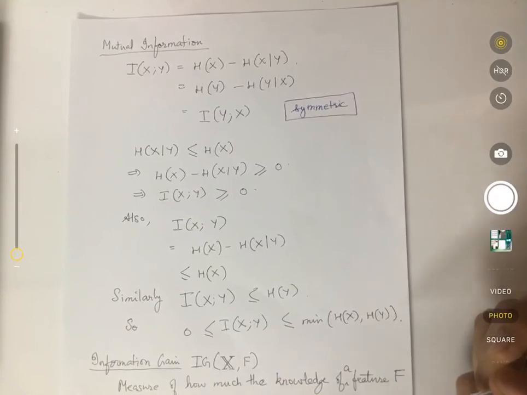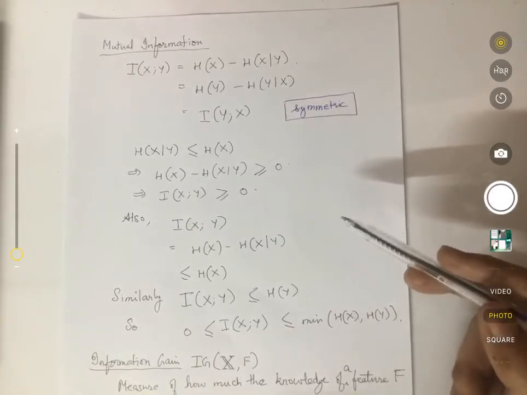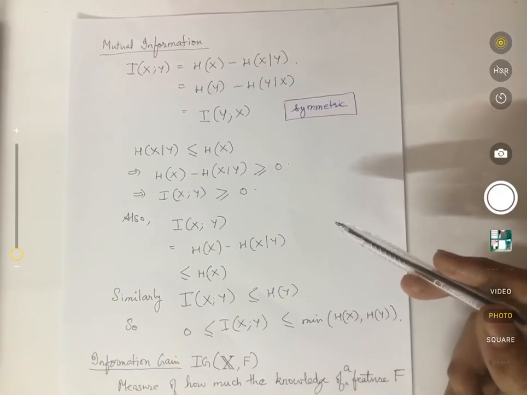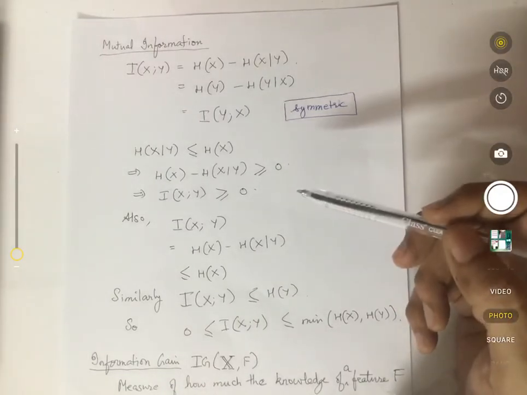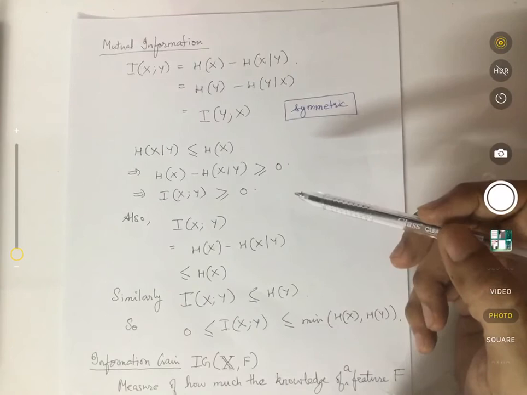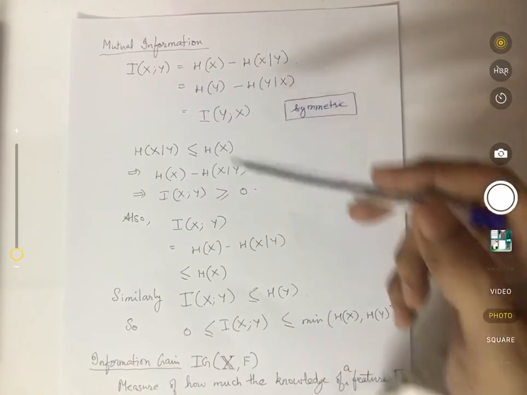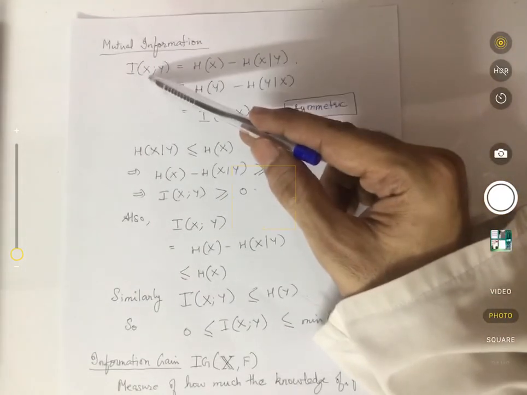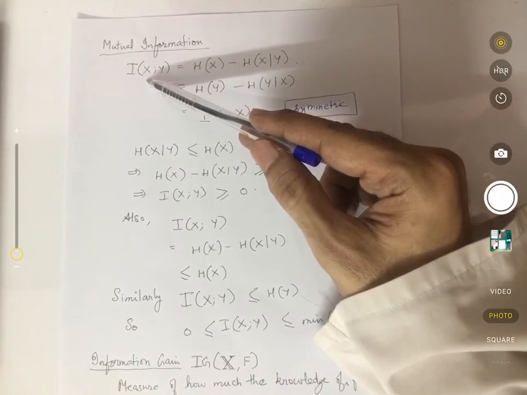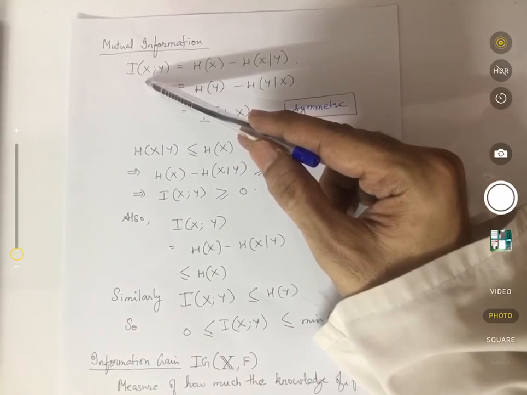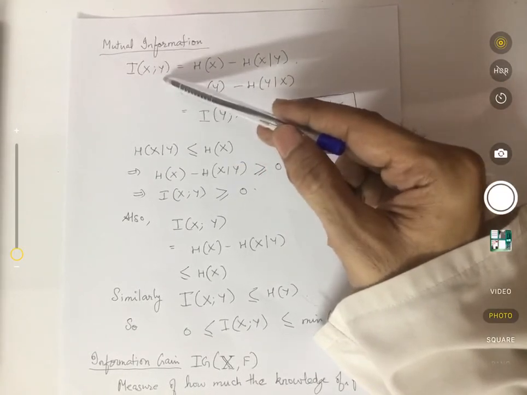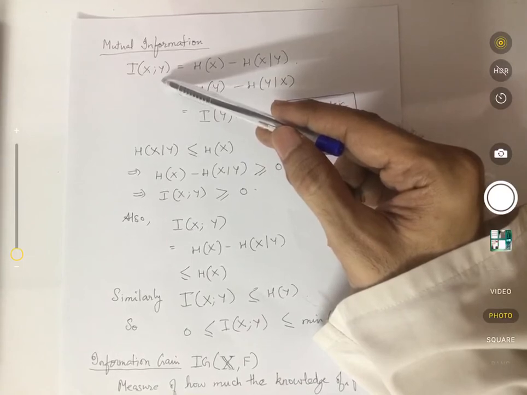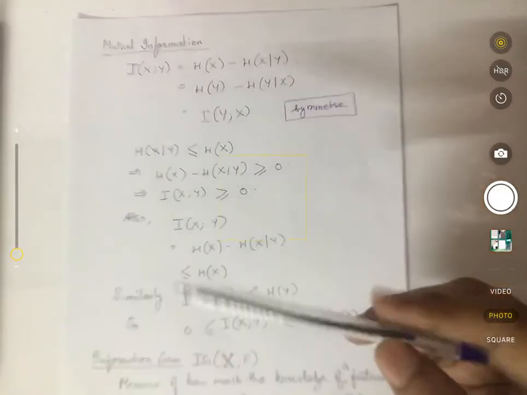So what is the use of all this, of the mutual information? You can use a random variable to represent the category of examples. Instead of x, you have a variable c representing the category of the examples, and instead of y, you have a random variable representing the value of some feature, right?